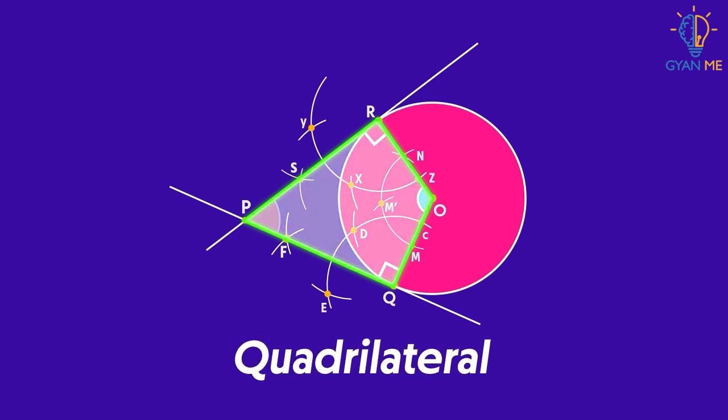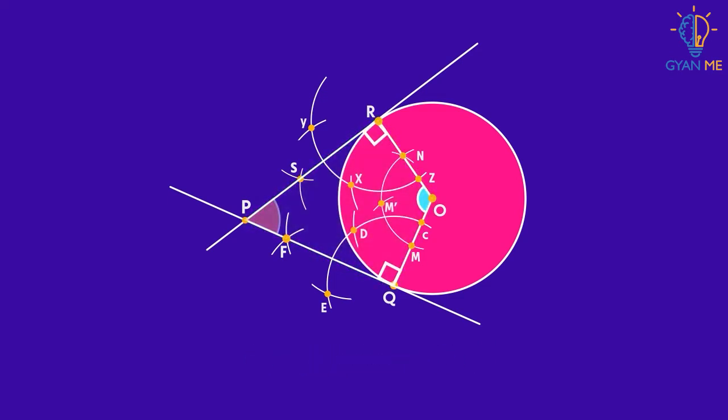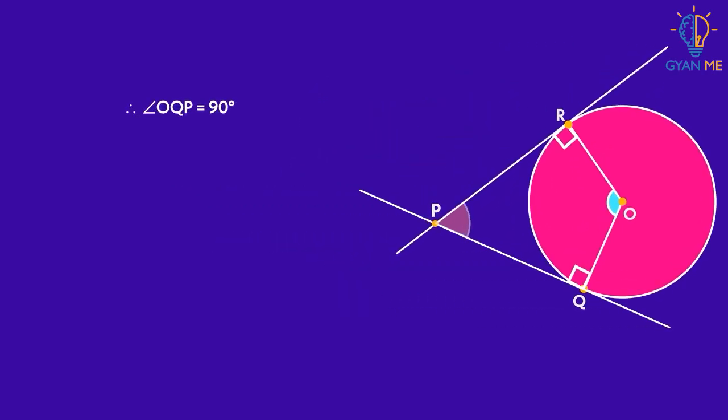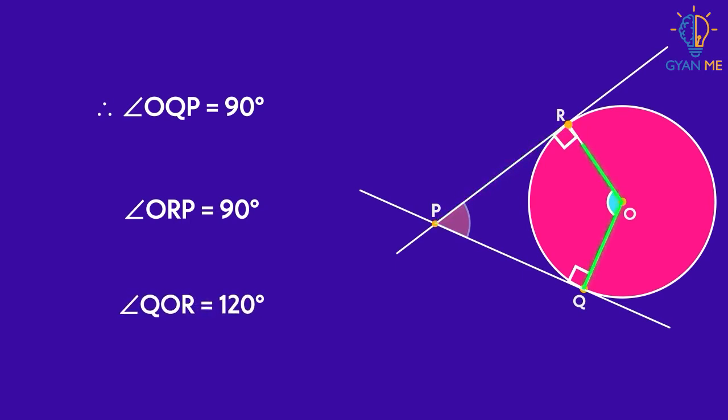We also know that we constructed tangents PQ and PR, and so they will make a 90-degree angle with the respective radii. Therefore, angle OQP is 90, angle ORP is 90, and angle QOR is 120 degrees. That's what we have drawn.